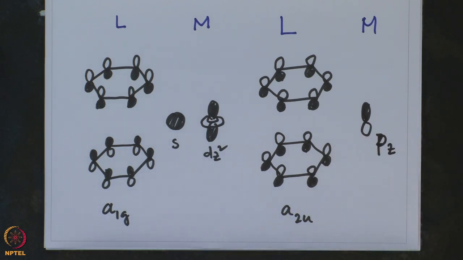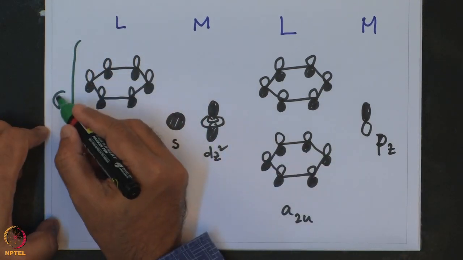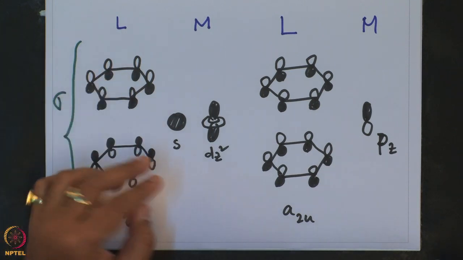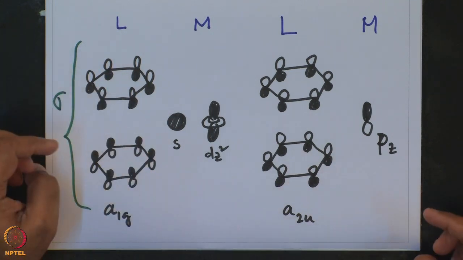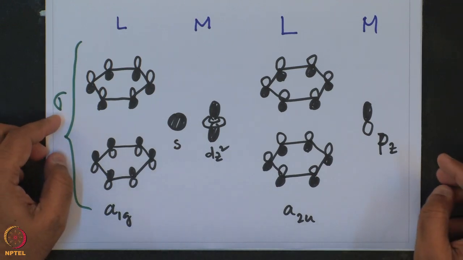The interesting thing about these interactions is that all of them are sigma type interactions, where the electron density is maximum along the interacting internuclear axis.